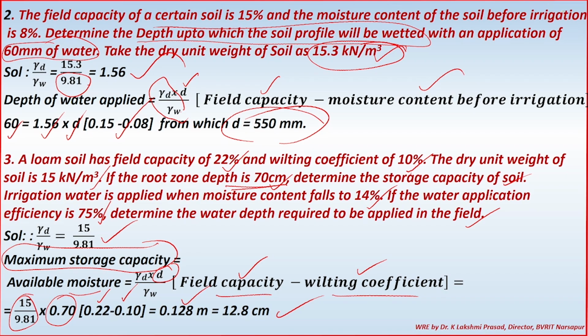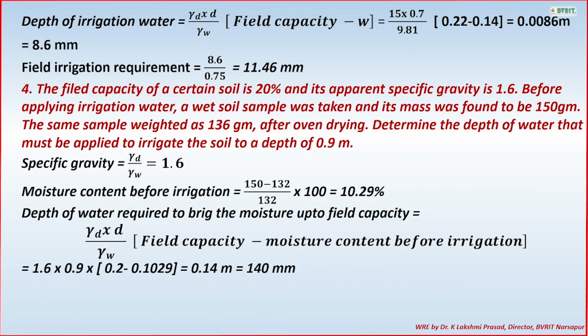First thing is over. Irrigation water is applied when moisture content falls to 14%. That is the lower level. So now you see, the depth of irrigation water that is going to be applied is the same formula, only this time the moisture content, he told, has fallen down to this.